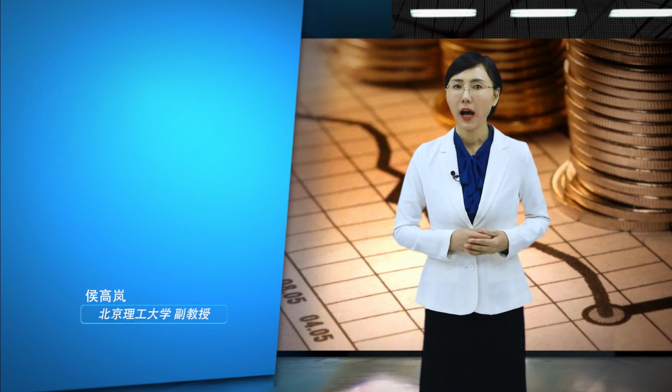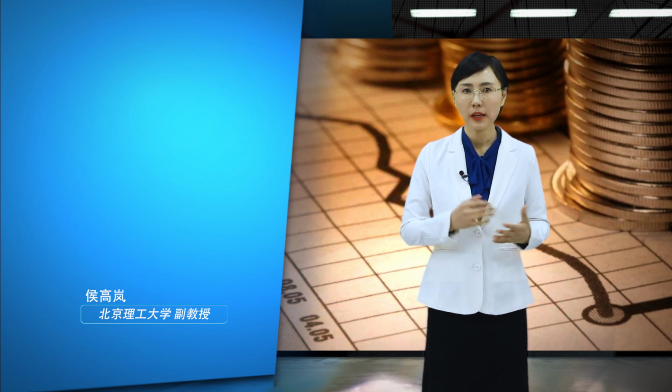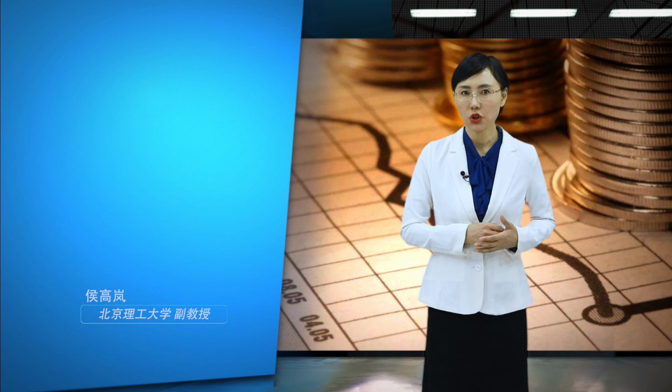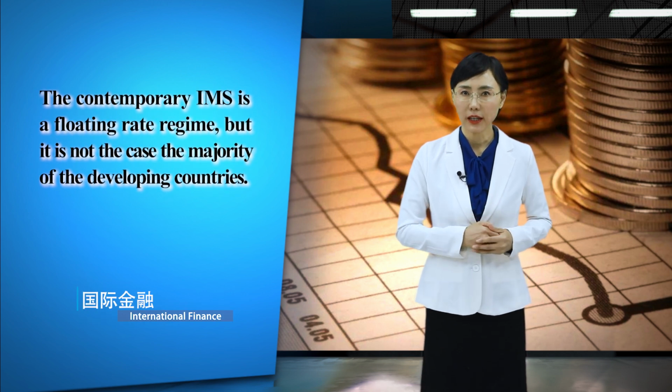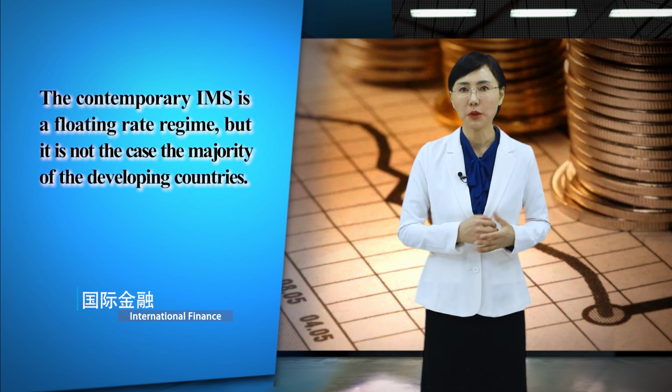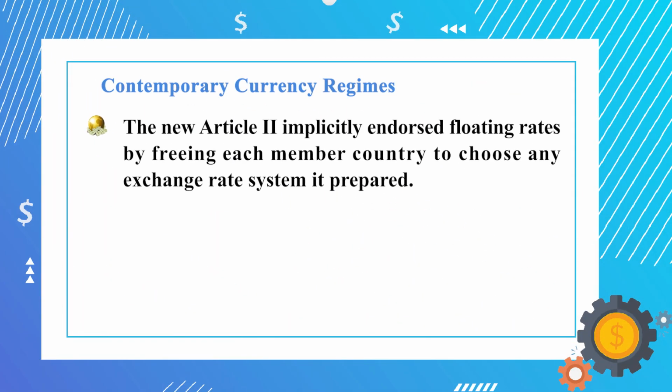Please note, although the contemporary international monetary system is typically referred to as a floating regime, it is clearly not the case for the majority of the world's developing countries. The new Article 2 implicitly endorsed floating rates by freeing each member country to choose any exchange rate system it preferred.